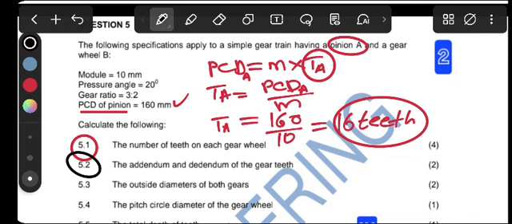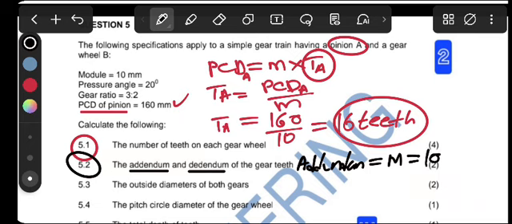We know this one is the same as the module of the gear teeth. These are basic things. The addendum is the same as the module, and we're given that the module is 10 millimeters. So this will be 10.